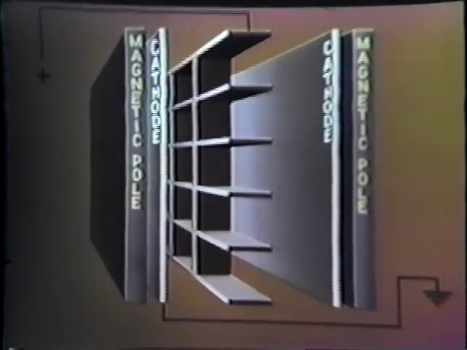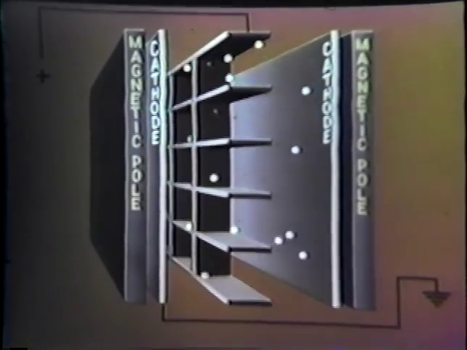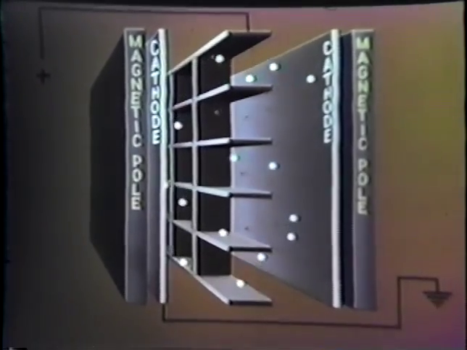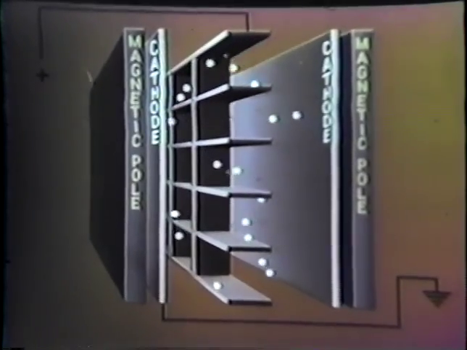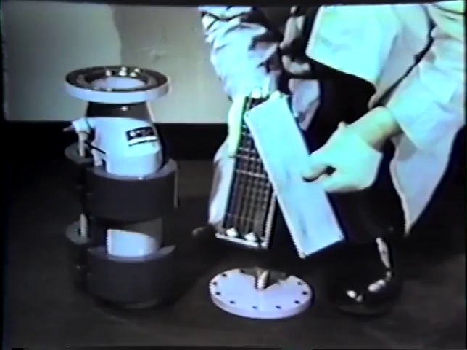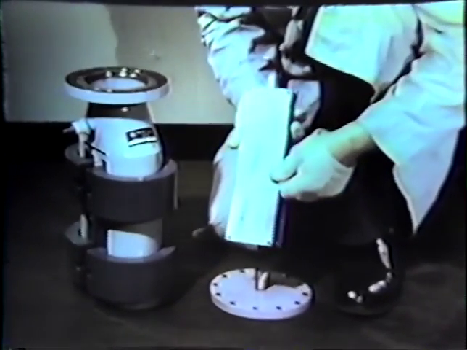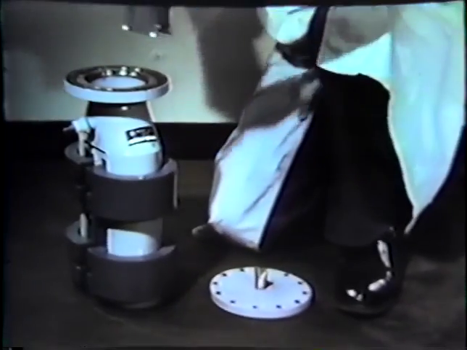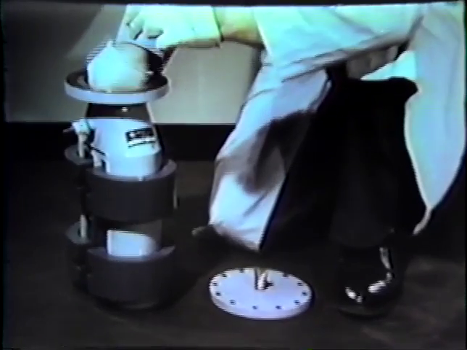A second pumping action is accomplished by titanium sputtered from the cathode, which combines with gases to form stable compounds. Flat cathode and egg crate anode are typical in this design of getter ion pump. Capacities of several thousand liters per second and ultimate pressures of 10 to the -9 torr are achievable.